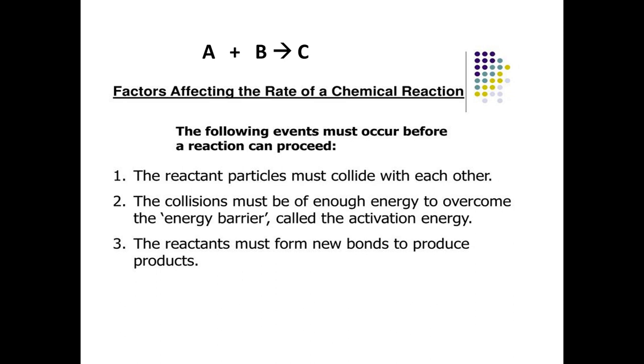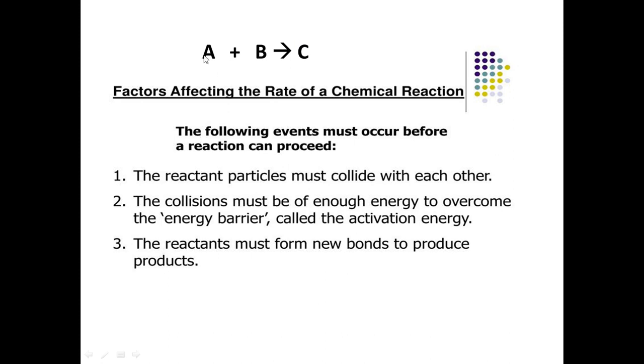Let's come to factors affecting the rate of a chemical reaction. Let's say you have an atom A plus an atom B giving you a molecule C. This is a chemical reaction, and a series of events goes on before A and B can be converted to C. The following events must occur before this reaction can proceed.